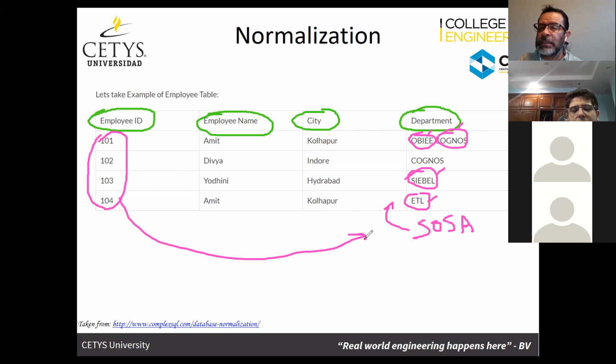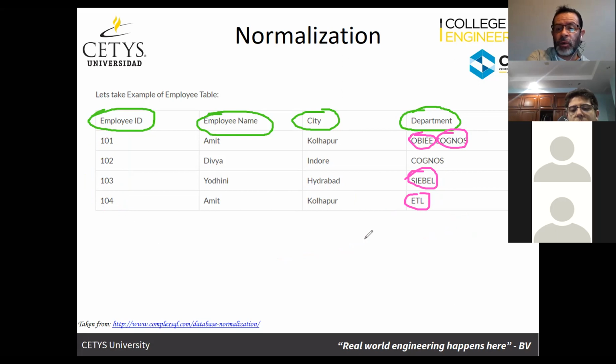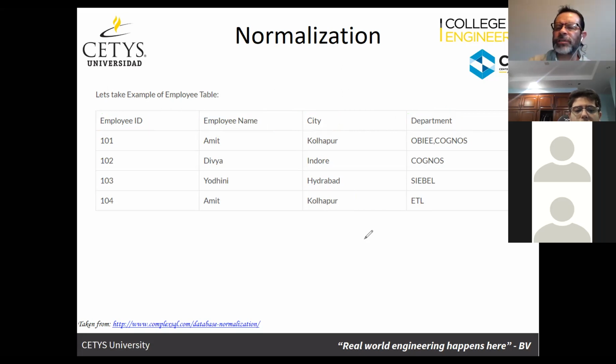So this table doesn't have the best structure to implement in our database. We need to modify a few things in this table to not have the anomalies that we just identified. However, let's try to do this with some rules, okay? And that's where normalization comes in, okay? Questions up to this point?